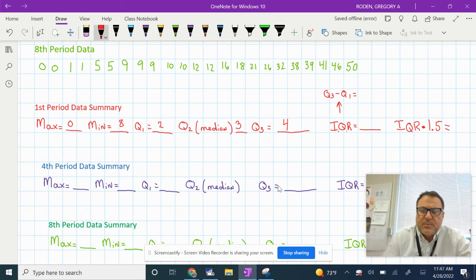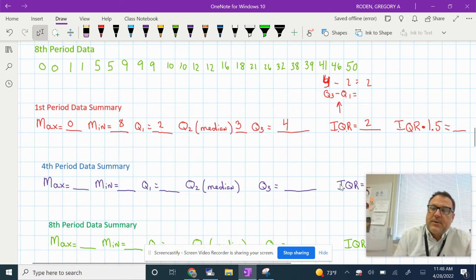So if we take Q3, which is 4, my bad, guys, sorry. Q3 is 4, Q1 is 2, and 4 minus 2 equals 2. So my IQR equals 2.